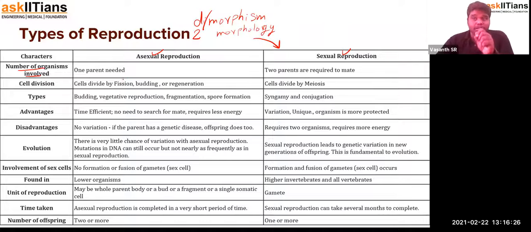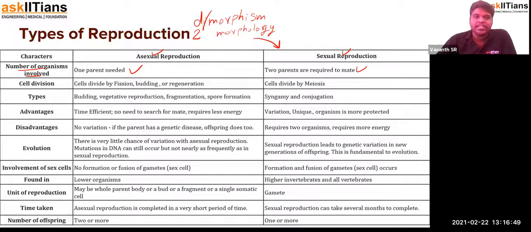Because there is no sexual dimorphism in asexual reproduction, it requires only one parent to execute the process. And when there is a requirement of two parents in sexual reproduction, there is a requirement of a mate. Choosing a mate again is a lengthy, tedious process. Okay, I'll tell you more about these things.